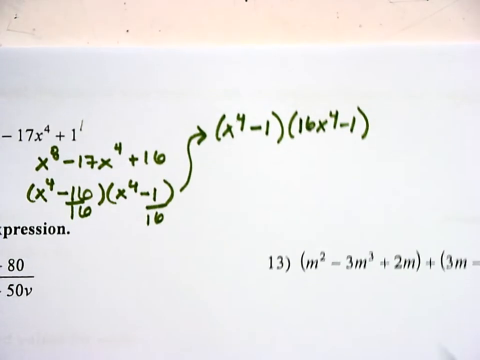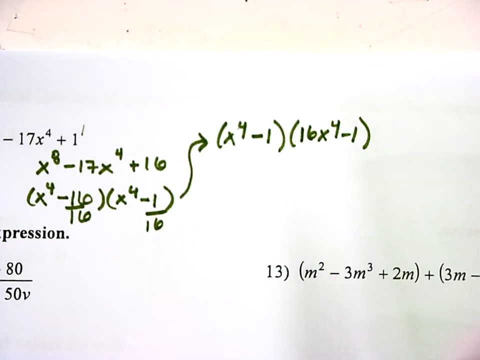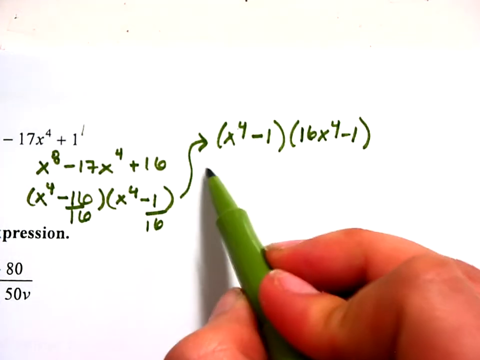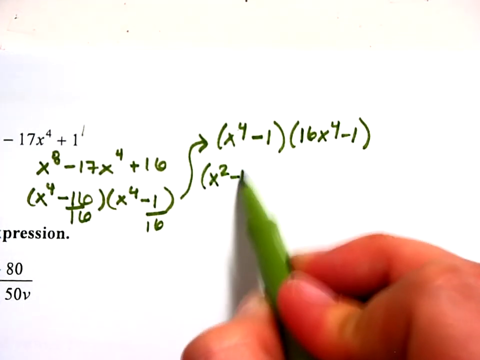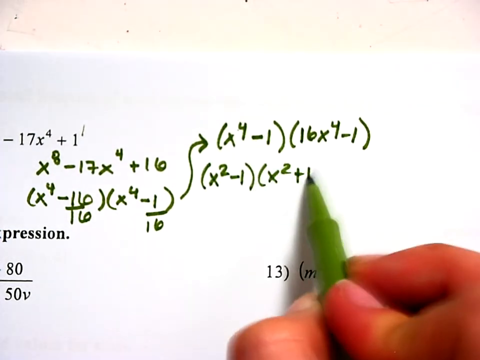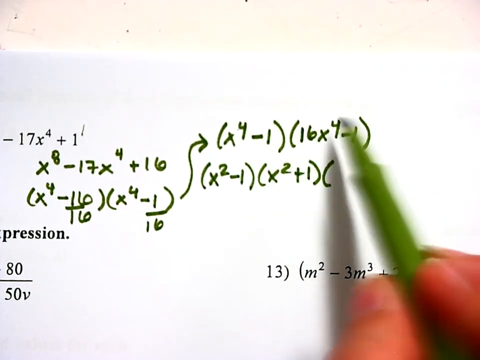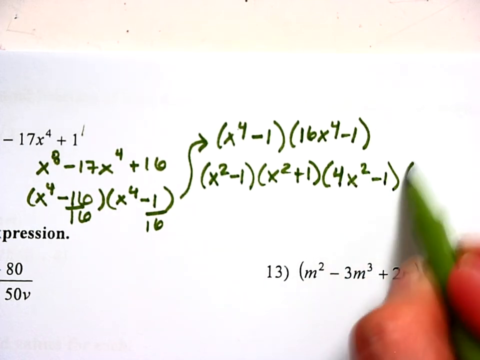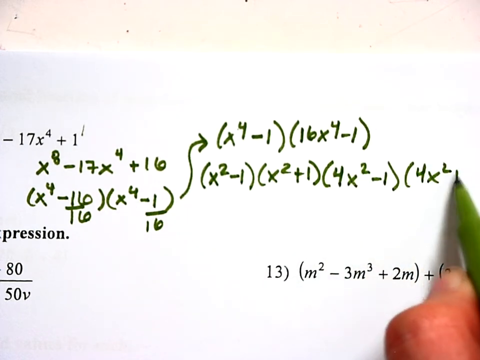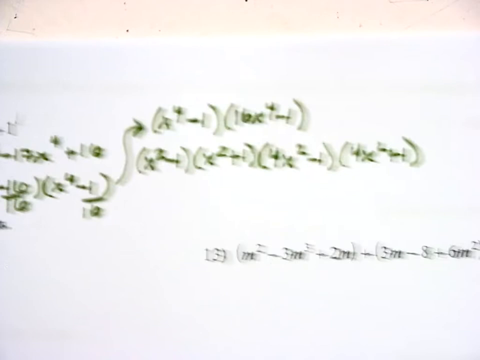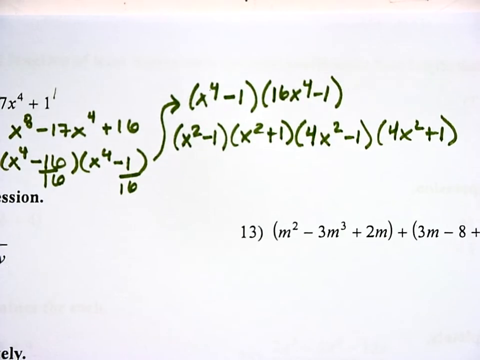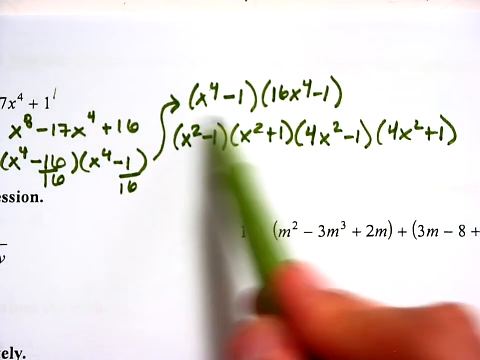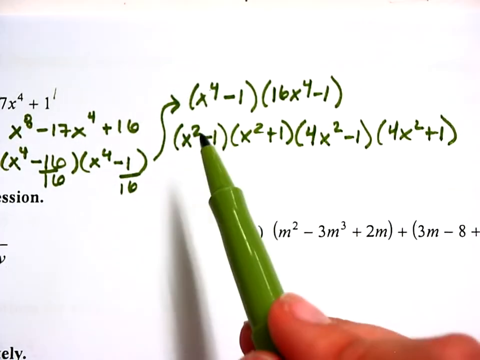Okay, now we've got a difference of squares still. So this one I can factor as x squared minus 1, x squared plus 1. And this guy right here I can factor as 4x squared minus 1 and 4x squared plus 1. Now I've got a lot of factors here. I can still factor these subtraction factors because they're still difference of squares.